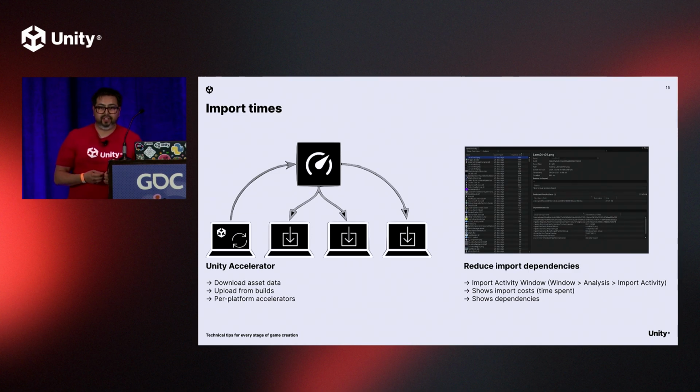Say, for example, you're making changes to a prefab where you're iterating constantly and trying to adjust it just right. Every time you save that prefab, a re-import of that prefab is initiated or triggered.